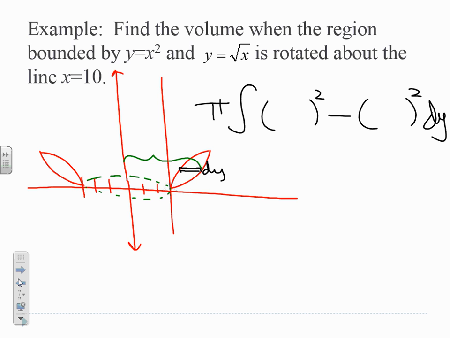So this is the square root of y, because that's the very right, minus -3. Our innermost radius is from our axis of rotation to the closer function. Right minus left, we have y squared minus -3. Right minus left, top minus bottom. You have to remember that for all of these problems that we do this week and next week.